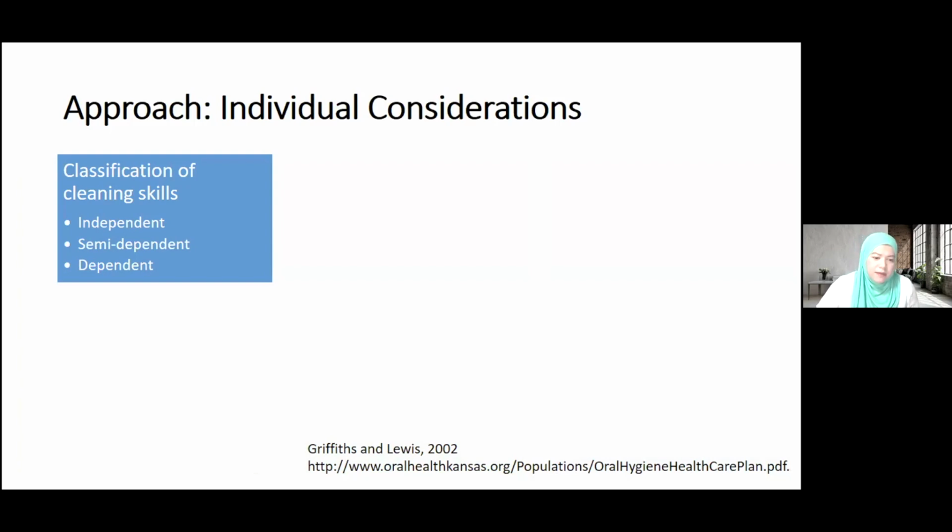Does the patient have some dexterity, but their cleaning techniques may be insufficient? So we may need some hand-over-hand techniques or prompting, or completion, to let them start first and then be completed by the carer. Or there would be some patients who require significant or total assistance in oral care.